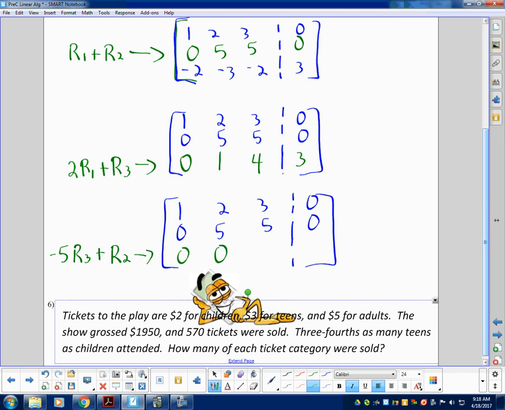-5 times 4. Almost went times the wrong one. -5 times row 3, and -20 plus 5 is -15, and then -5 times 3 is -15 plus 0. Did I miss it?